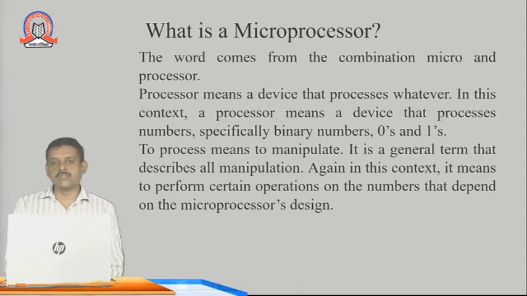Before coming to the definition of microprocessor, as we know, in this digital era, each and everything is done with the help of a machine. For example, today I am in front of you only because of the machine.